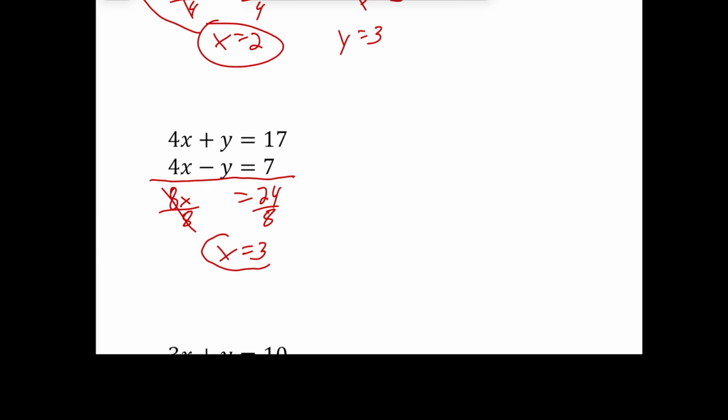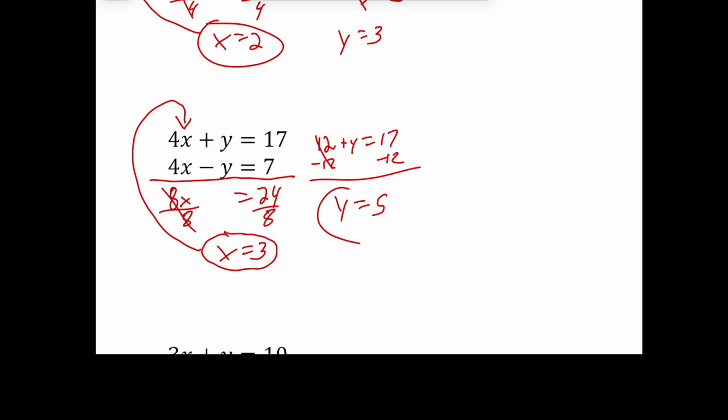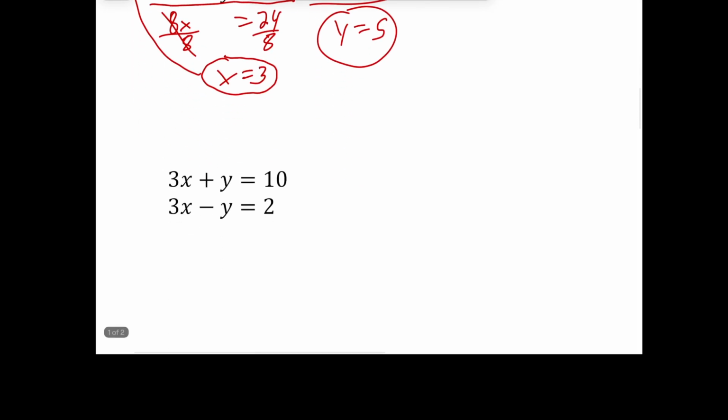It's always important to write the letter because you may end up plugging this into y, and that would be very unfortunate. So make sure you keep the letter going as well, and the correct letter. Okay, 4 times x is 4 times 3, which is 12, plus y equals 17. Once I subtract 12 from both sides, letters on one side, numbers on the other, that's what I get. And you can always check it in the bottom if you prefer.